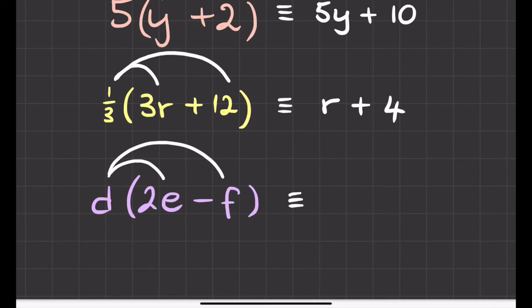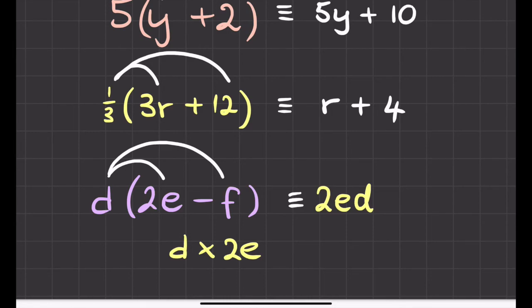Now you could write it like this: D times 2e. But what I'm going to do is I'm going to write it as 2e d. Okay. It doesn't matter what order I put them in. I've put them next to each other because they're multiplied together. Remember, if I put letters next to each other, or letters next to numbers, and I don't have the multiply symbol, it still means multiply.